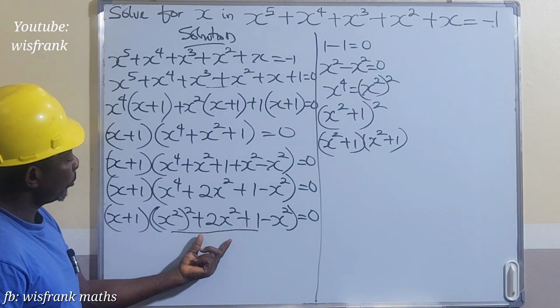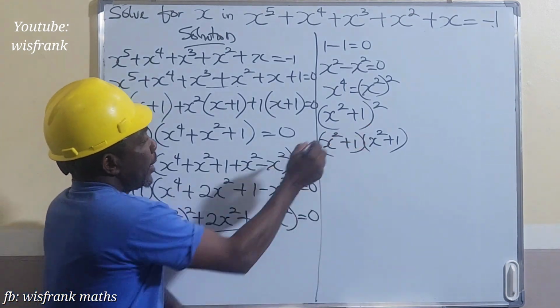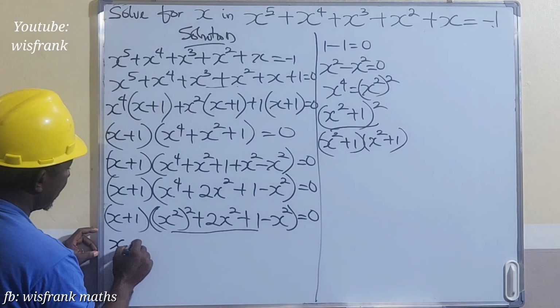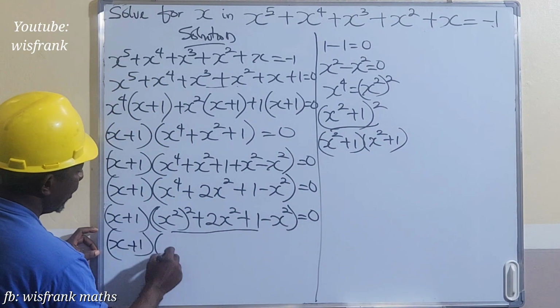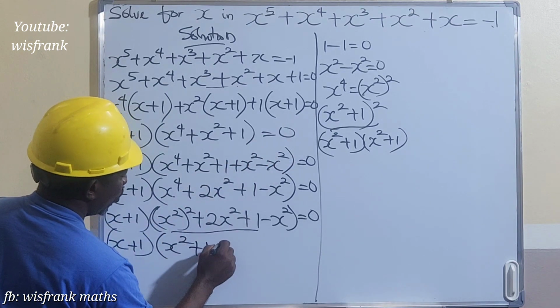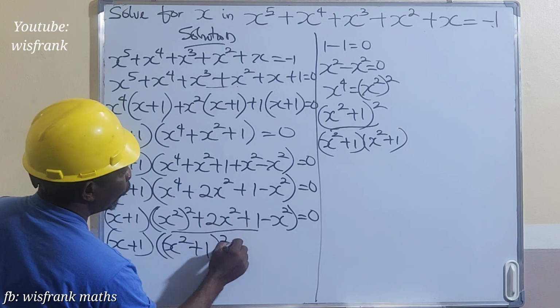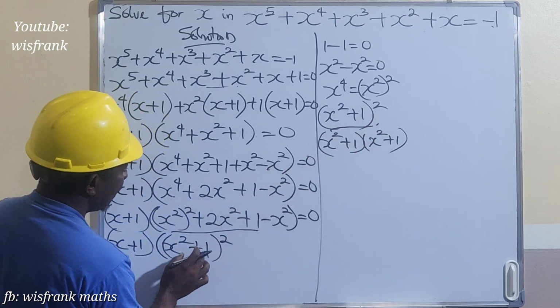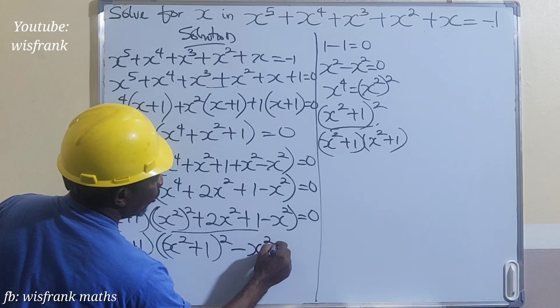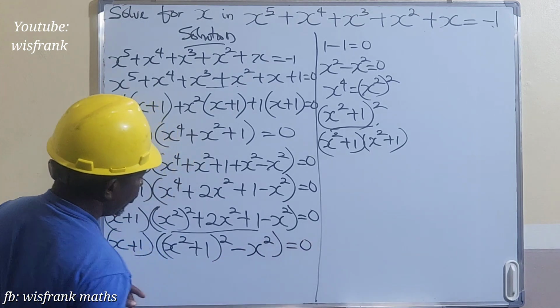So now we are going to substitute this in this equation. So it will become x plus 1 into x to the power of 2 plus 1, all to the power of 2, then minus x to the power of 2, all equals 0.